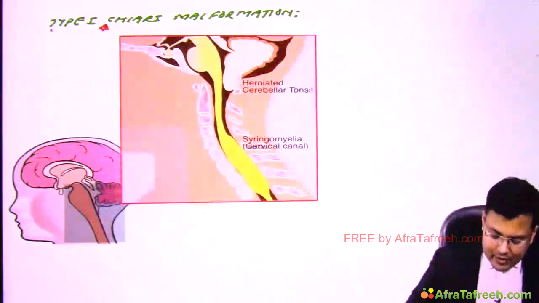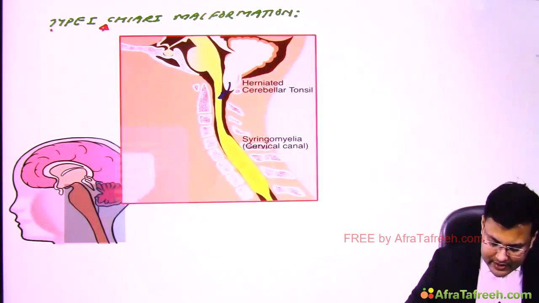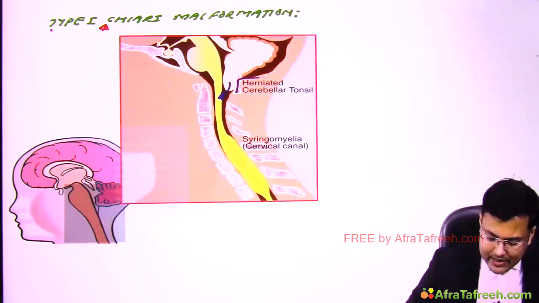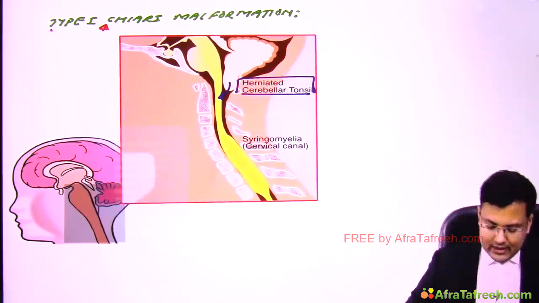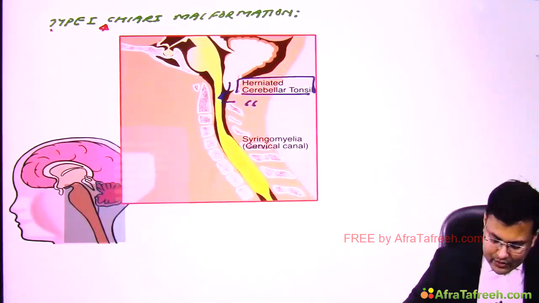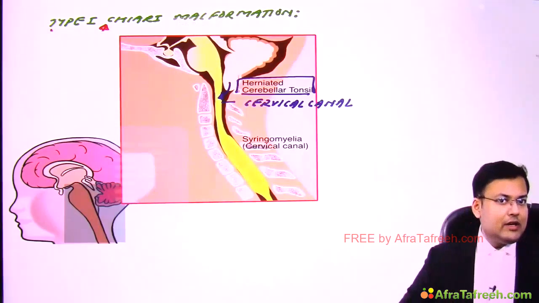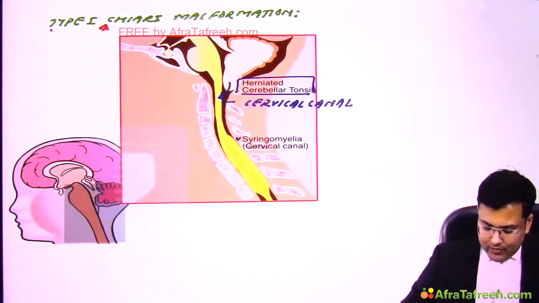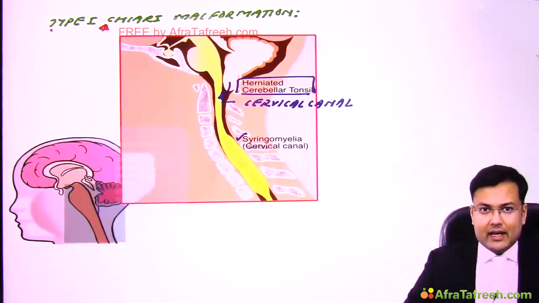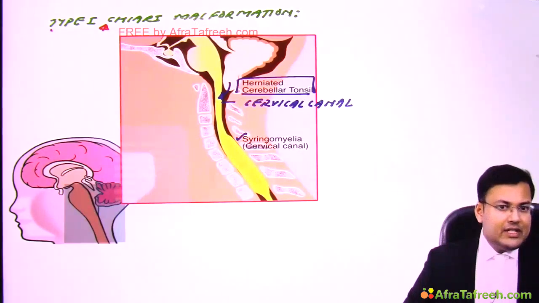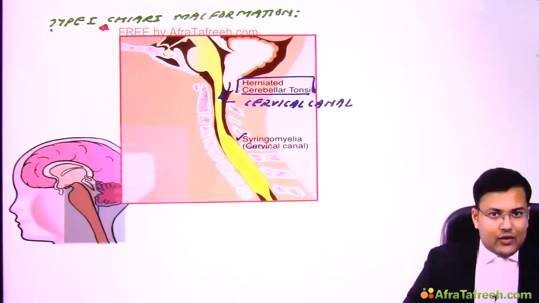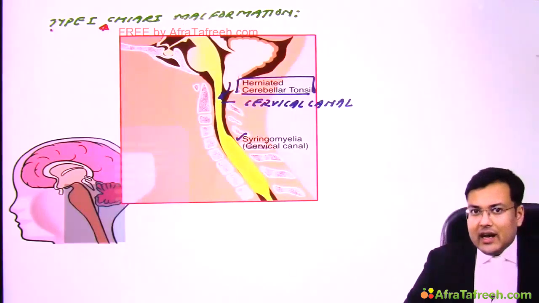So in this diagram you can notice that there is herniated cerebellar tonsil into cervical canal. Simultaneously you can notice that there is syringomyelia of cervical canal. In type 1 Chiari malformation, hydrocephalus is absent, and generally these children are asymptomatic.